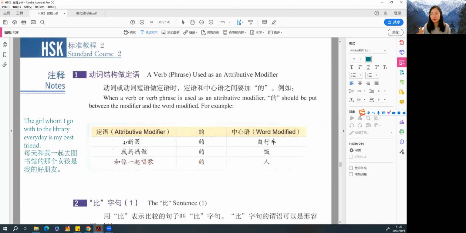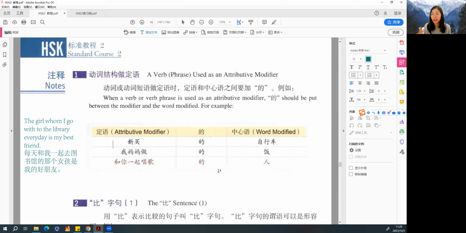And we can take a look at the examples in the textbook here. 新买的自行车, 自行车 is bike. 新买, new, bought, new bought bike. And then 我妈妈做的饭。So this meal is cooked by my mom.